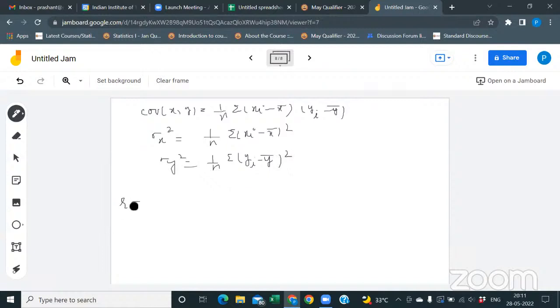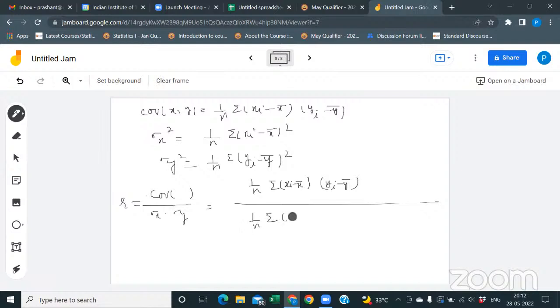If you use the formula of r, which is covariance of x comma y divided by the standard deviations, can I write it as 1 by n summation (xi minus x bar)(yi minus y bar) divided by the square root of 1 upon n summation (xi minus x bar) square and the square root of 1 upon n summation (yi minus y bar) square? If you see, this 1 by n will be cancelled out by this 1 by n.